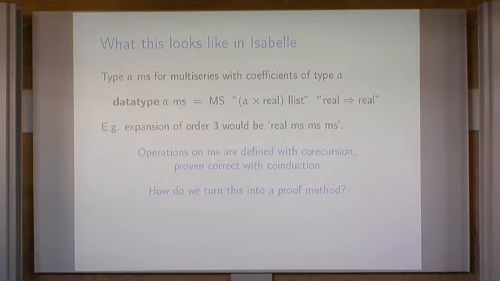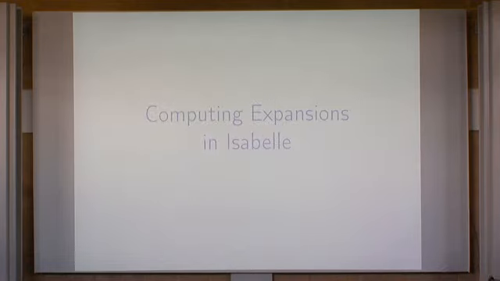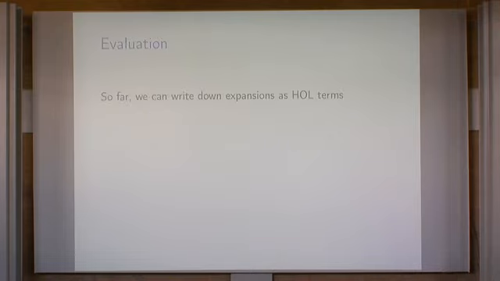But it works out fine, and then the end question is, how do we actually use this to prove stuff? The first big problem here is that we have to compute expansions, right? So far we can write down these expansions as terms in HOL. So we can write something like the expansion x plus the expansion x squared, but how do we actually then get Isabelle to compute what the result of that is?